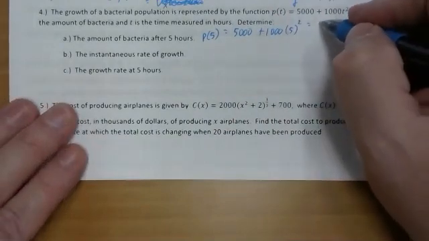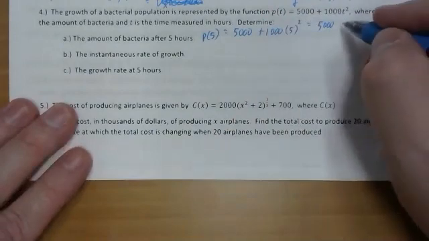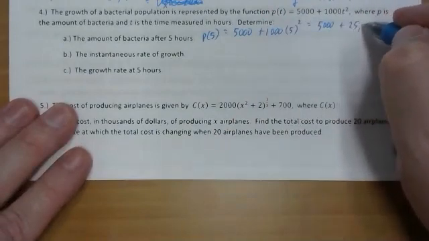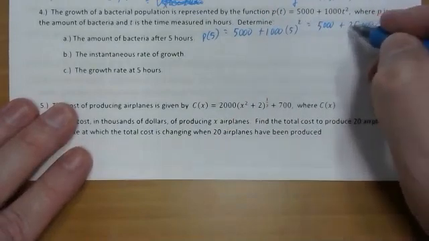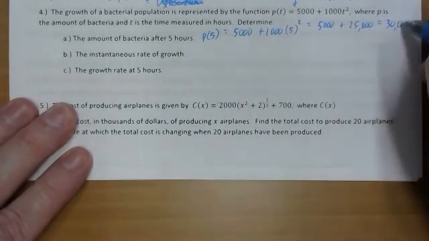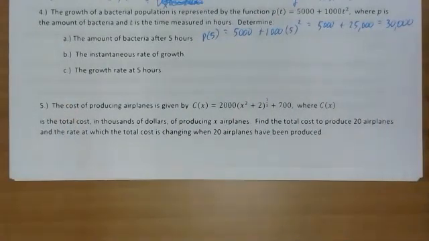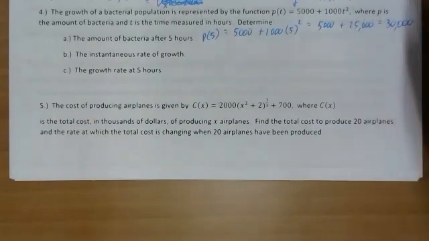So this is basically 5,000. This is 25 times 1,000, which is 25,000. If you add 5,000, the amount of bacteria should be 30,000. Don't know what the units are. They don't give us any units.